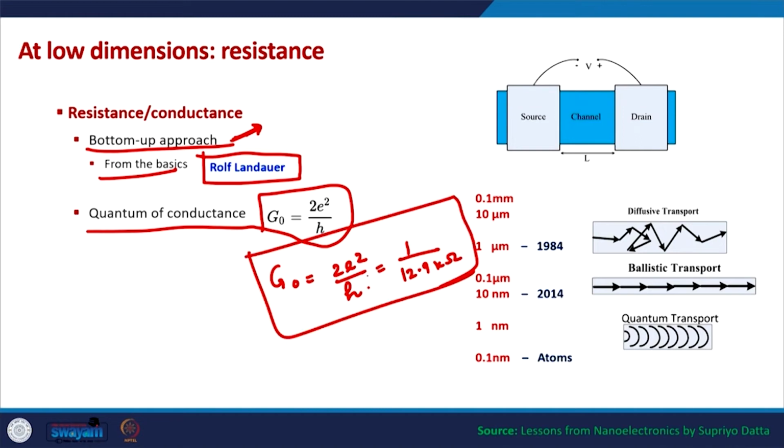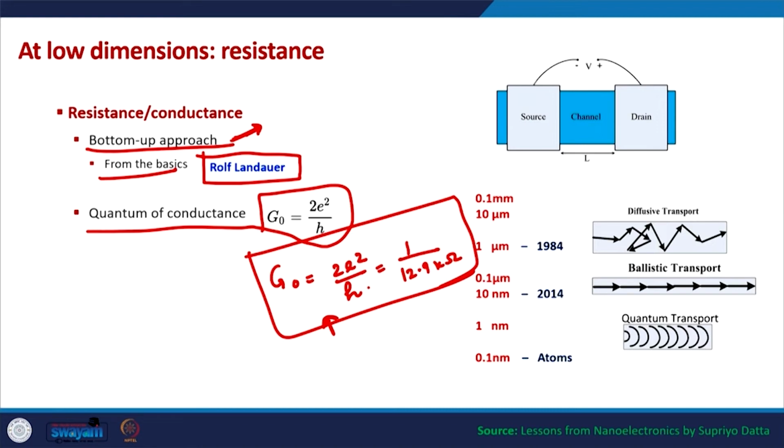That is the conductance of a ballistic conductor when it has one conduction pathway in it. This is the fundamental value, the conductance of a single conduction pathway.